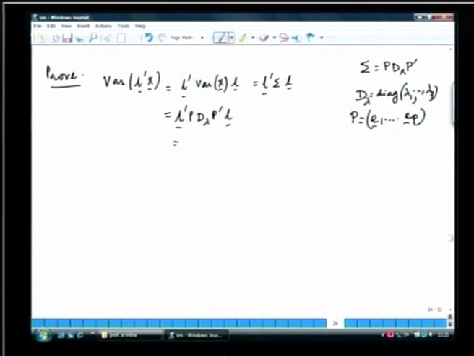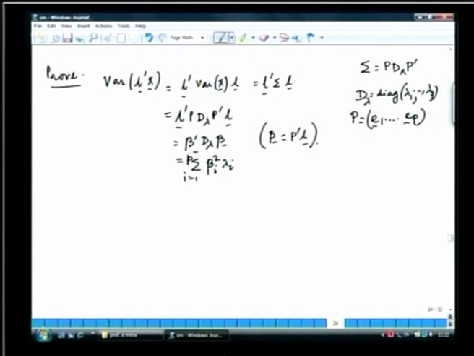Now L prime P D_λ P prime L I can write as beta transpose D_λ beta, where beta is P prime L. That is a beta vector, a diagonal matrix whose diagonal elements are the λi's, and then the beta vector again. So that is nothing but a summation of the type βi squared λi from 1 to p.